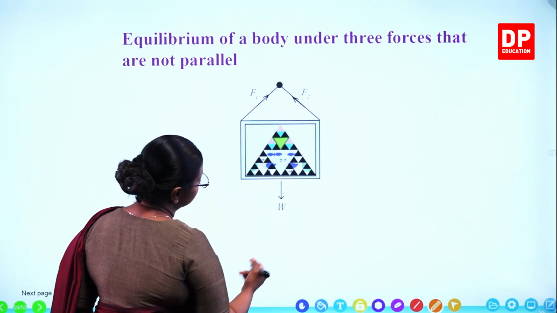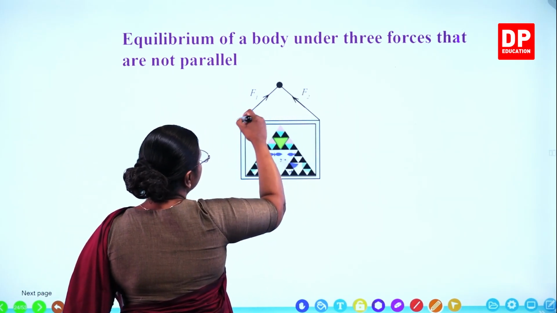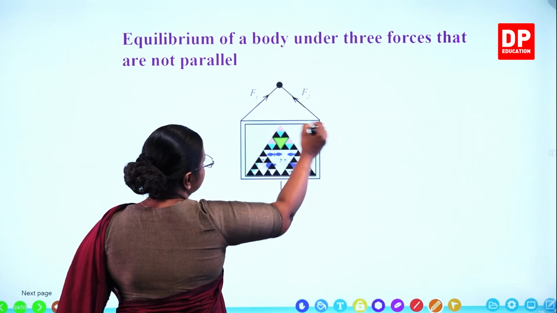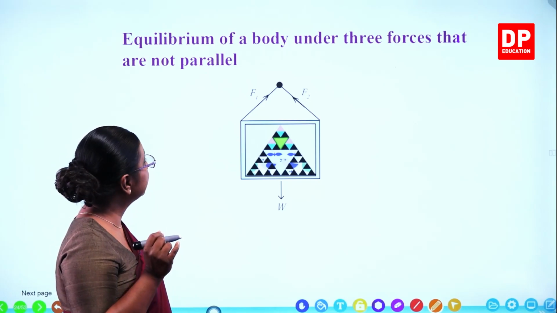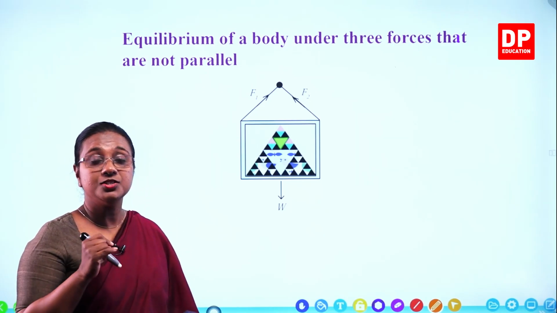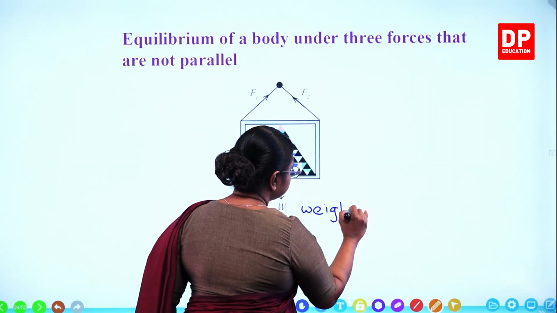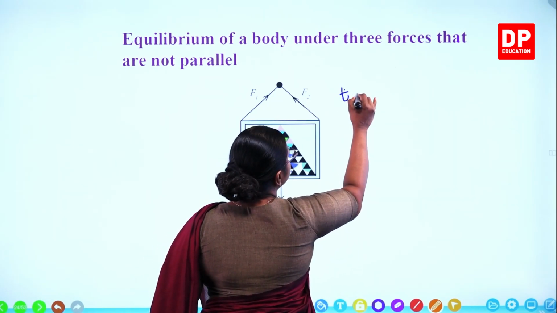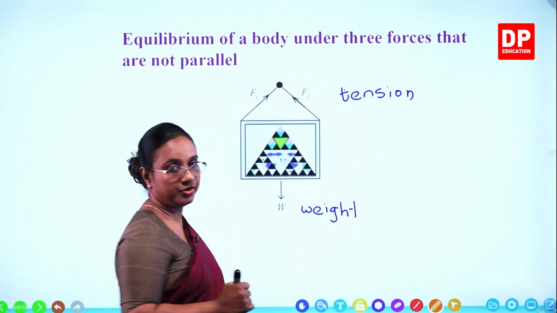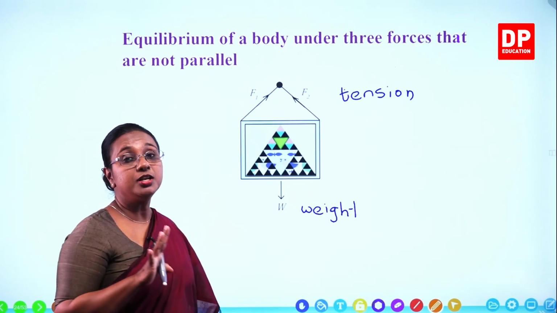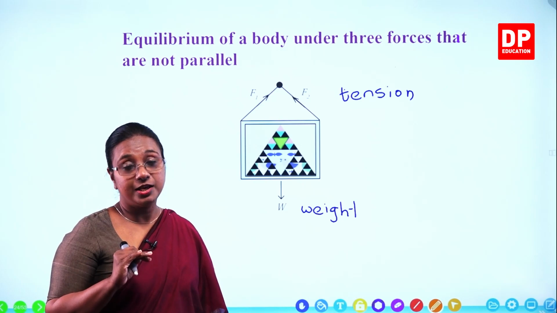The weight of the picture will always act downwards, and when you tie a string like this, one string tied and it is hung from a nail, you can see there is tension acting on the string. So W is the weight of the picture and there is tension on this string. But they are not parallel. Still the system is in equilibrium.